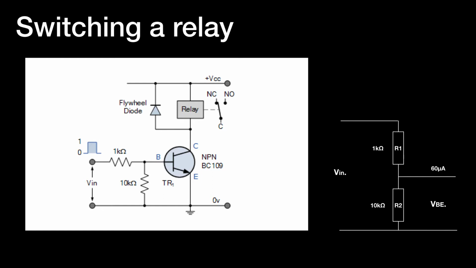So we had a small signal coming in at V in on the left. That would cause a current, we hope, to flow into the base, which would cause a larger current to flow in the collector emitter circuit, so that the current flowing through the collector would switch on the relay.